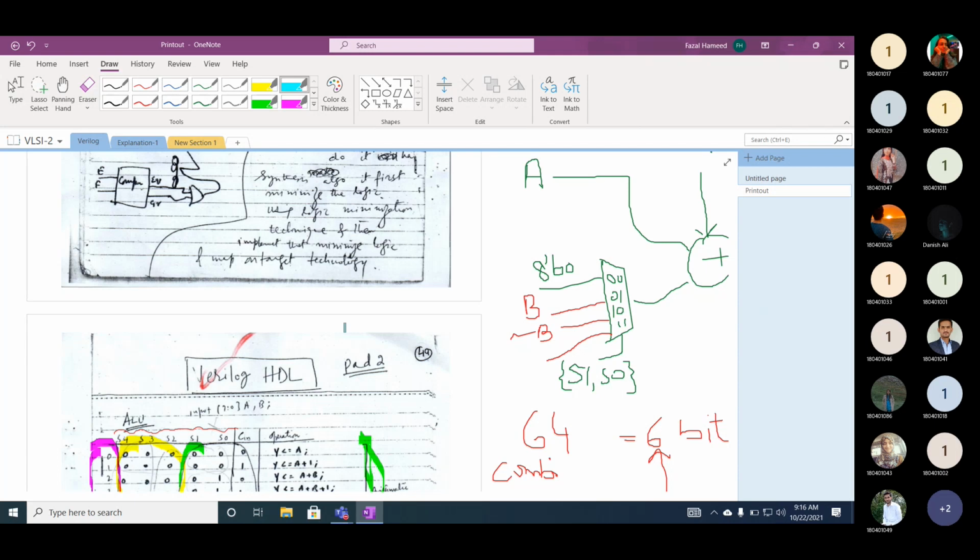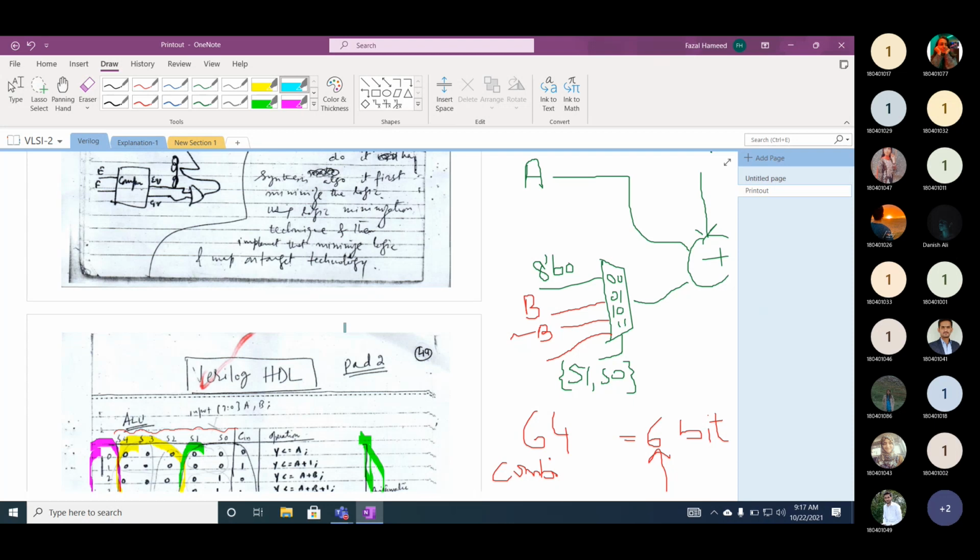Based on the MSB signals S4 and S3, 00, 01, 10 and 11, we decide whether ALU out, shift out or logical out will go out.